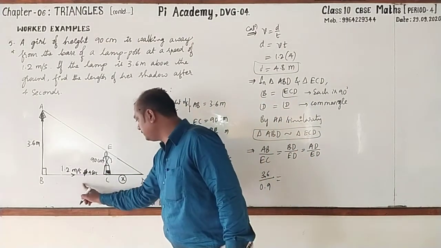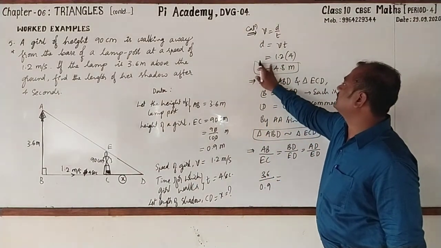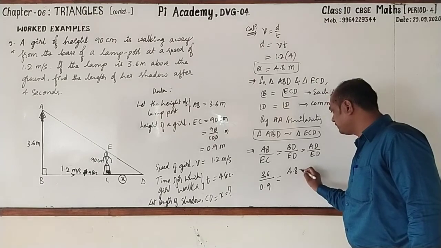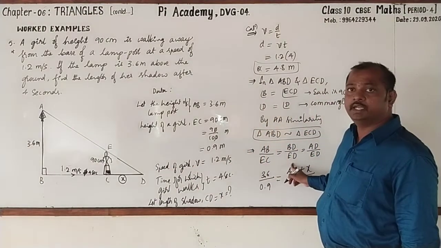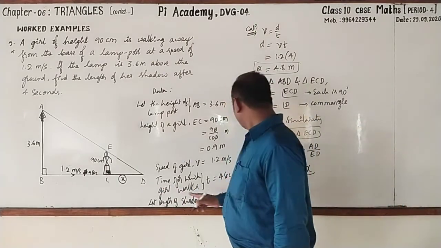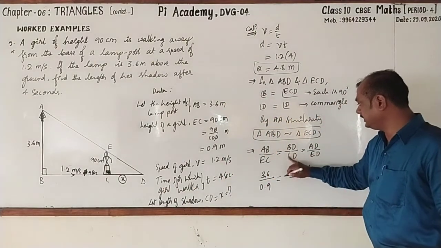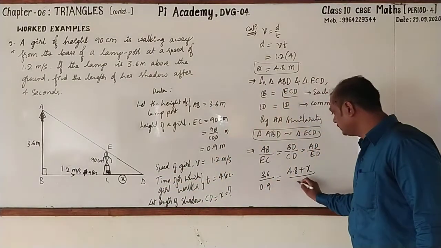BD is how much? BC plus CD. BC, we have just found out, is 4.8. So 4.8 plus x, BD divided by CD. What is CD? CD is x. Only this much is enough.